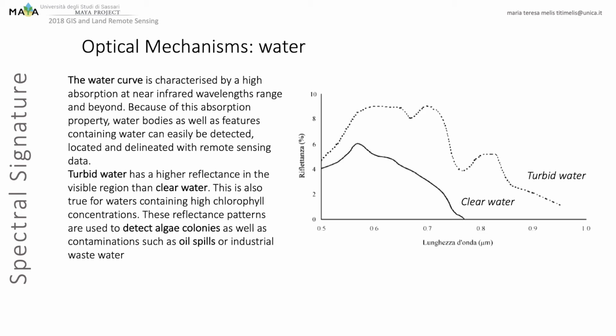The last spectral signature is dedicated to water. Water has a different behavior along the wavelength, and we see that clear water has a reflectance in blue and an absorption in the near infrared, while turbid water, where there is sediment or other kinds of turbidity, has a reflectance in the infrared.